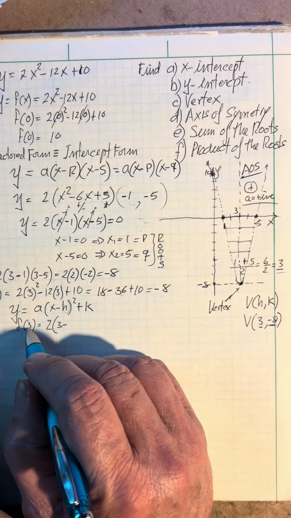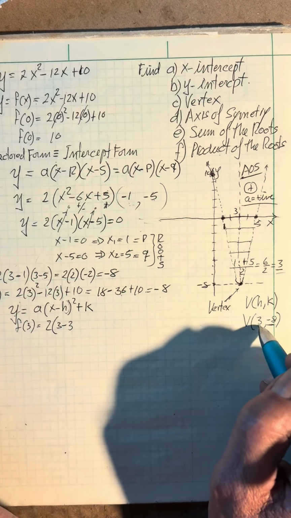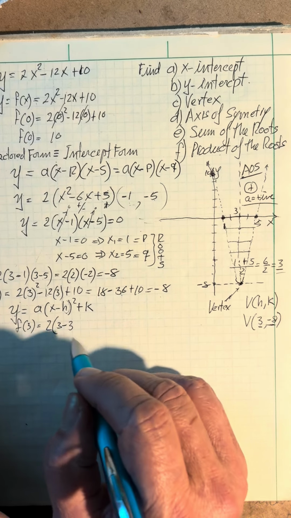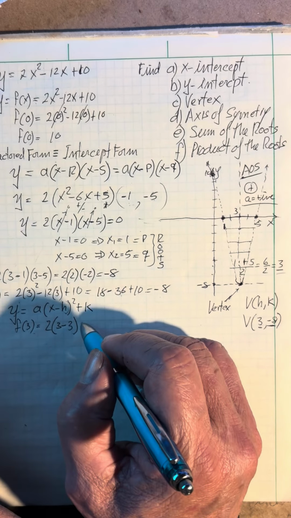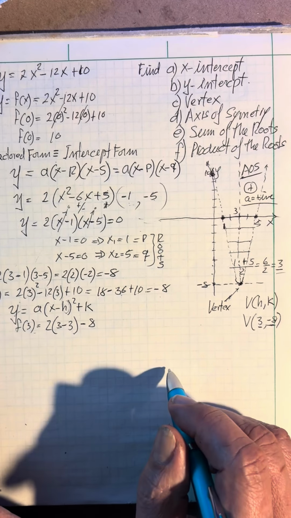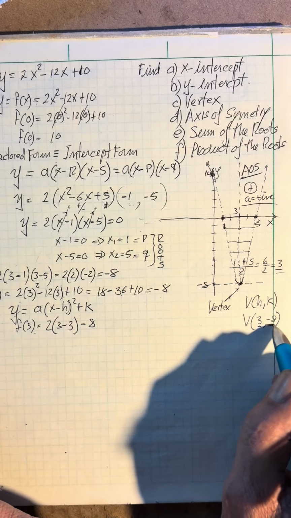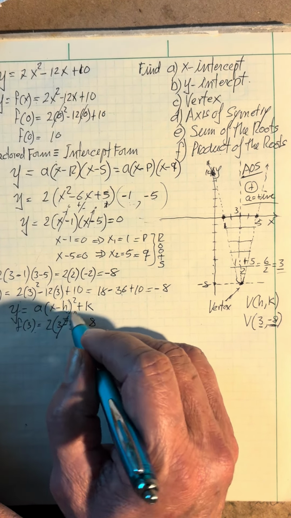So this x comes from here, and this 3 comes from here. They're two different things. And this is minus 8, because we already found it. This is equal to 0.